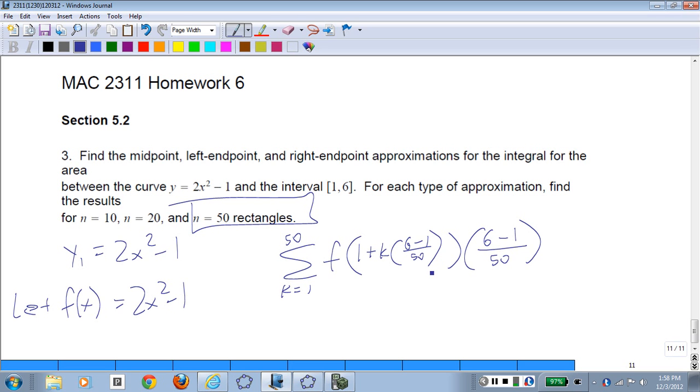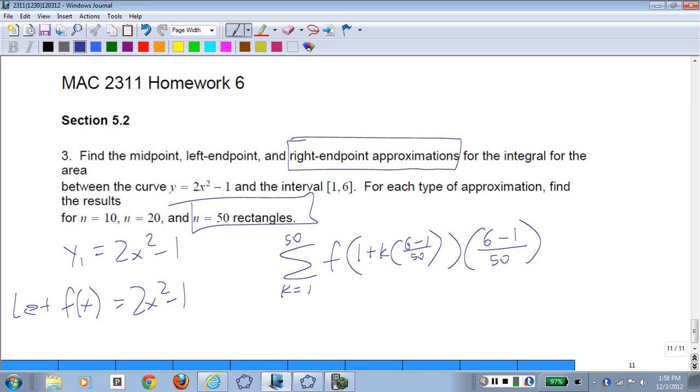Since that's the width of the rectangle, if it's the right endpoint approximation, then the first one would be 1 plus the length of the rectangle. So when k equals 1, you scoot 1 width of the rectangle to the right. When k equals 2, you scoot 2 to the right. When k equals 3, you scoot 3 to the right.